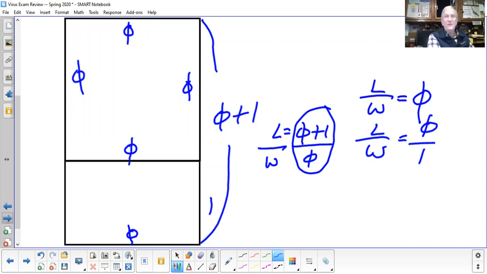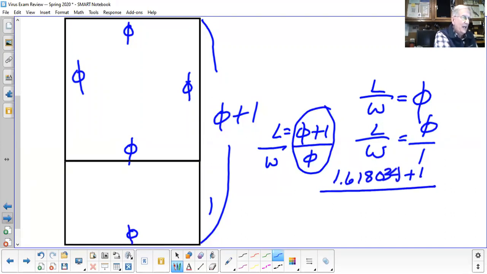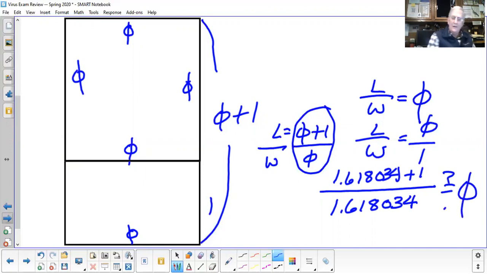If you can't recall what phi is, it's probably going to be written somewhere else on the exam. However, it is 1.618034 to 6 decimal places. If I add 1 to that and divide it by 1.618034, do I get phi? Well, let's see.